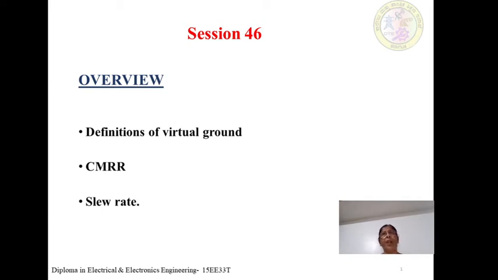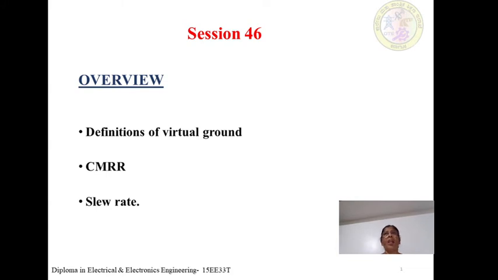Let us say the output is V0, then V0 is equal to V1 minus V2 or V2 minus V1. In either way, this is a differential amplifier. That is why it is called differential: it will amplify the difference of the input voltages.